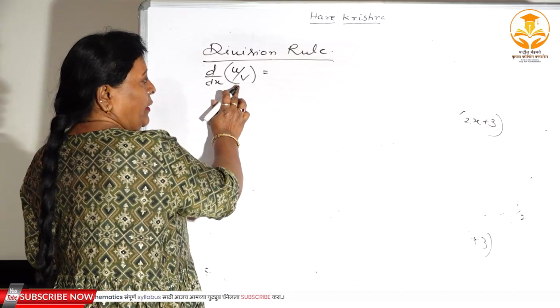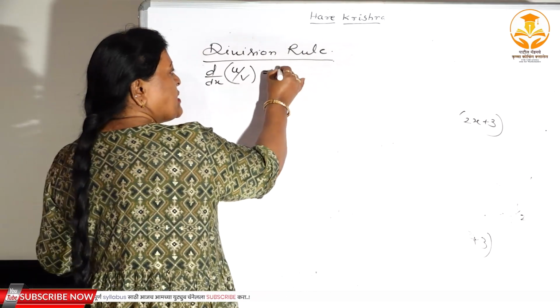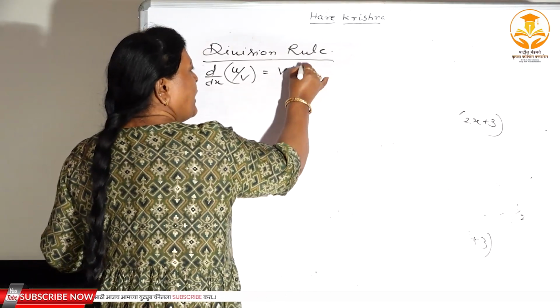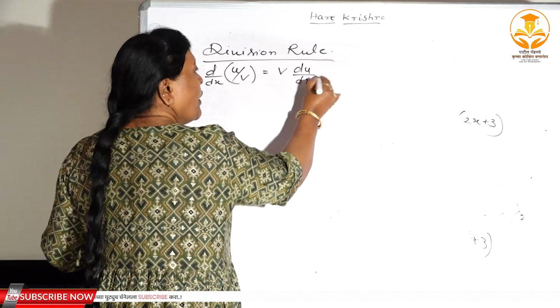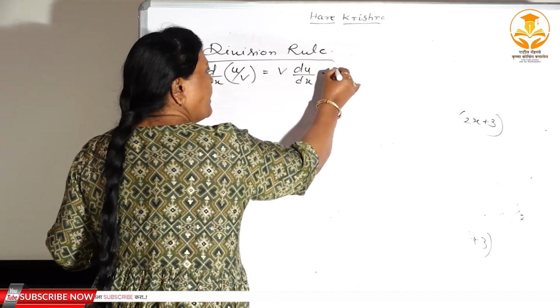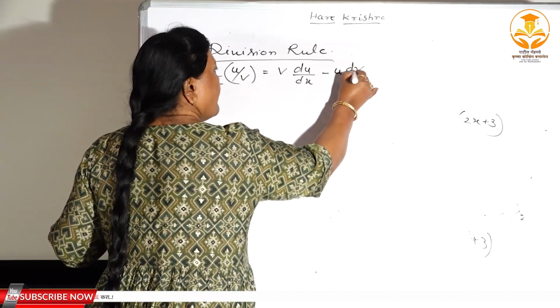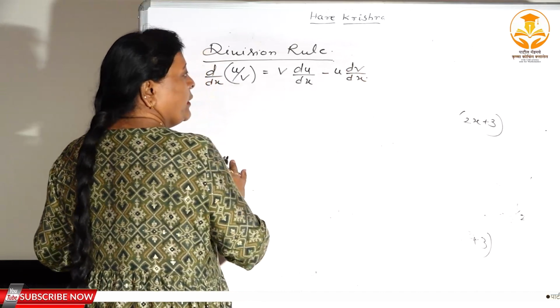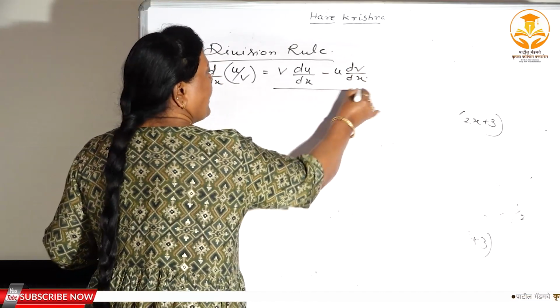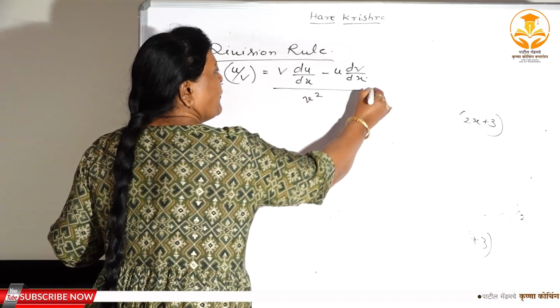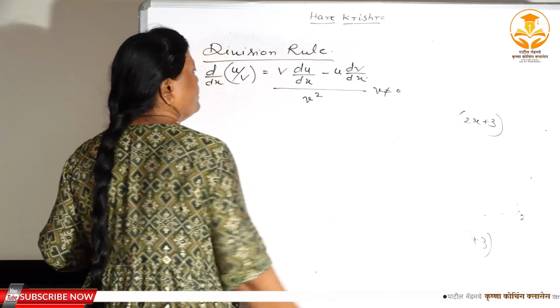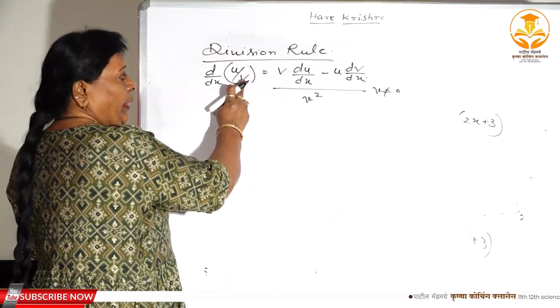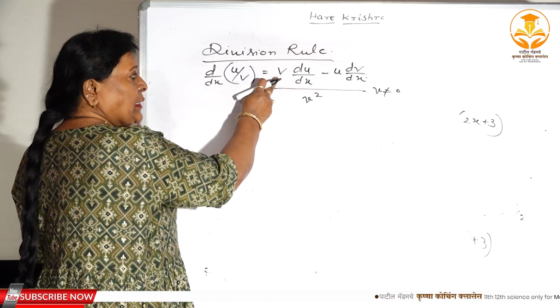So again, the denominator remains as it is, v remains as it is. Take the derivative of u, minus the numerator remains as it is. Take the derivative of the denominator, dv by dx, divided by v square, isn't it? Where v is not equal to 0, isn't it? So the denominator remains as it is.